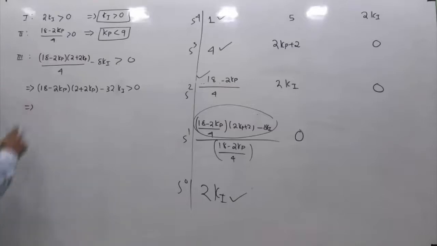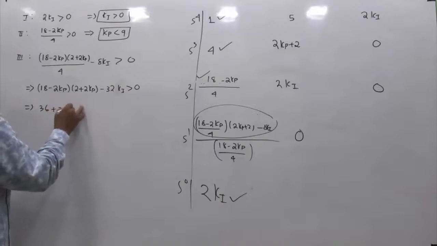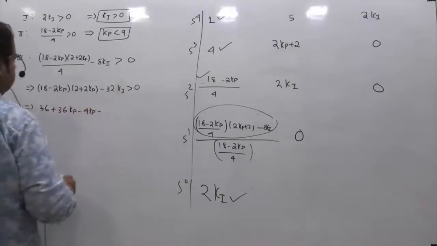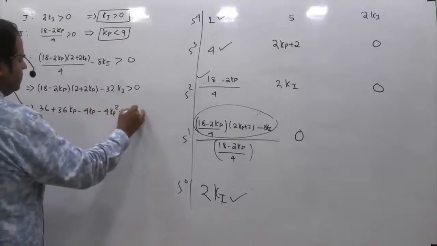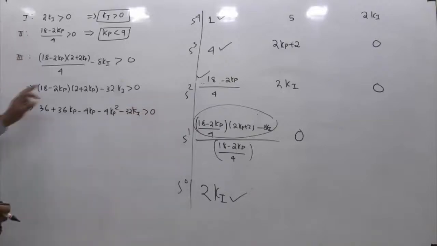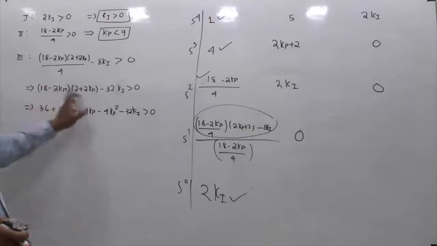Okay, so 18 into 2 is 36, plus 36 Kp, minus 4 Kp, minus 4 Kp square, minus 32 Ki is greater than 0.